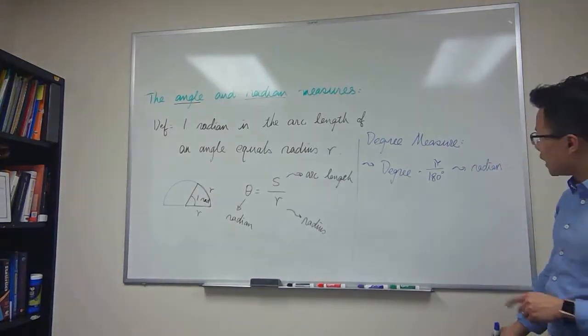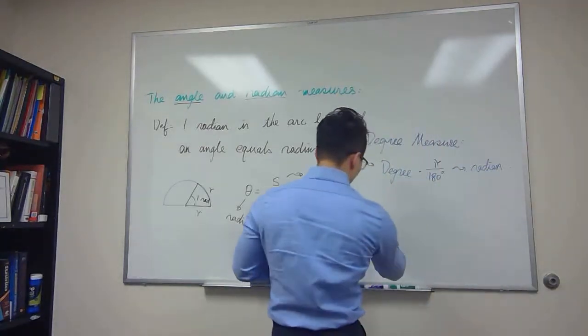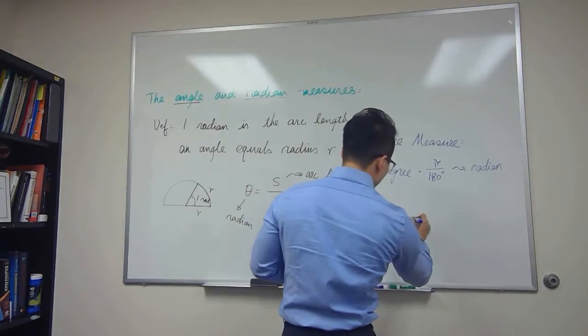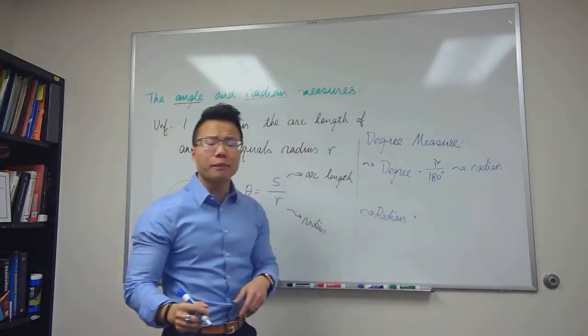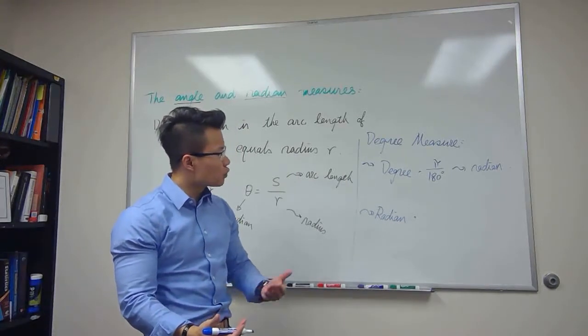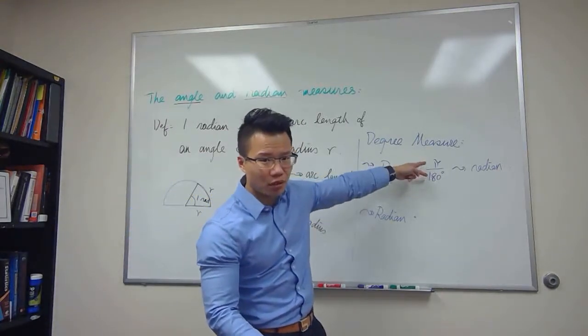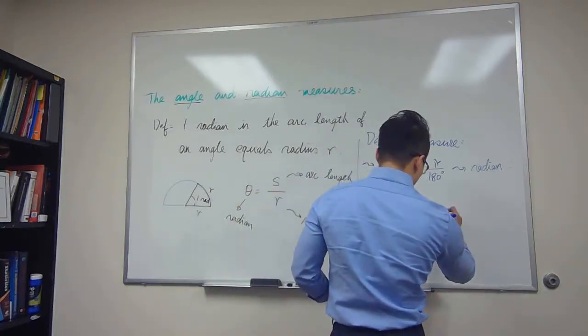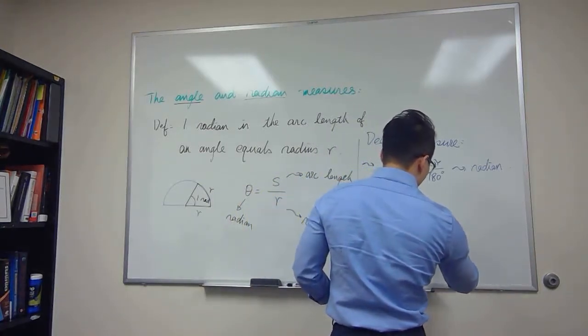Okay, but if you're starting with the radian and you want to convert it back into the degree, what you need to do is to multiply by the reciprocal of this number, and that turns out to be 180 degree divided by pi.